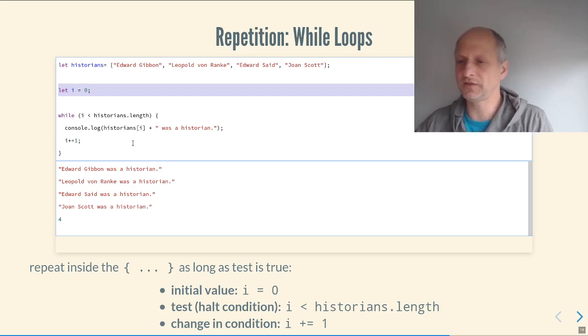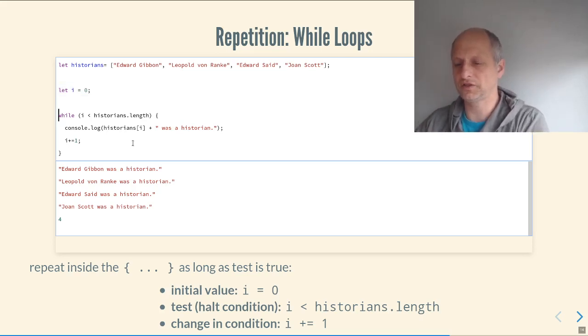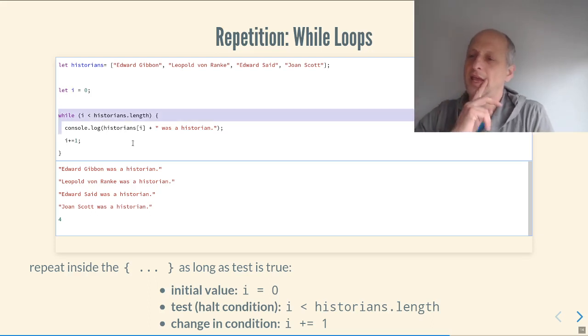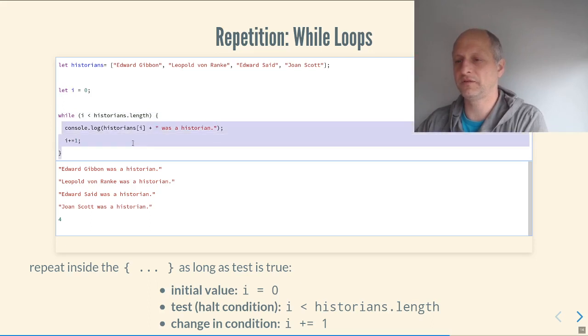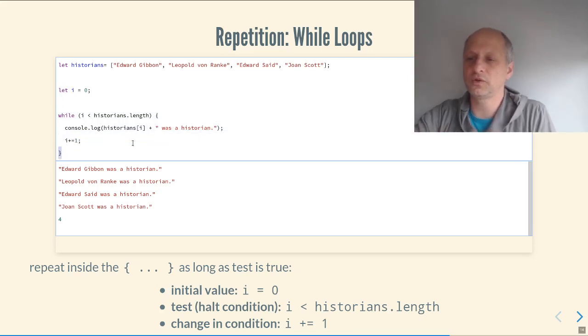So we have this while construction. So we have while, and then what's called a test in between a set of regular parentheses, and then after those parentheses is an open curly brace with a set of instructions, and at the end is a closed curly brace.